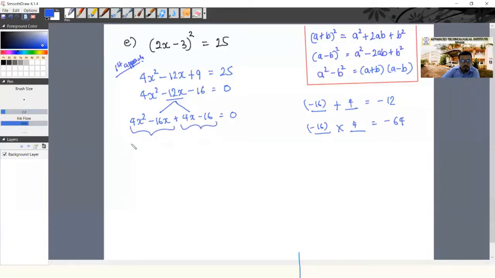We can group them. The common factor is 4x, leaving x minus 4, and here also we can take 4 as the common factor, leaving x minus 4. Therefore x minus 4 and 4x plus 4 equals 0.